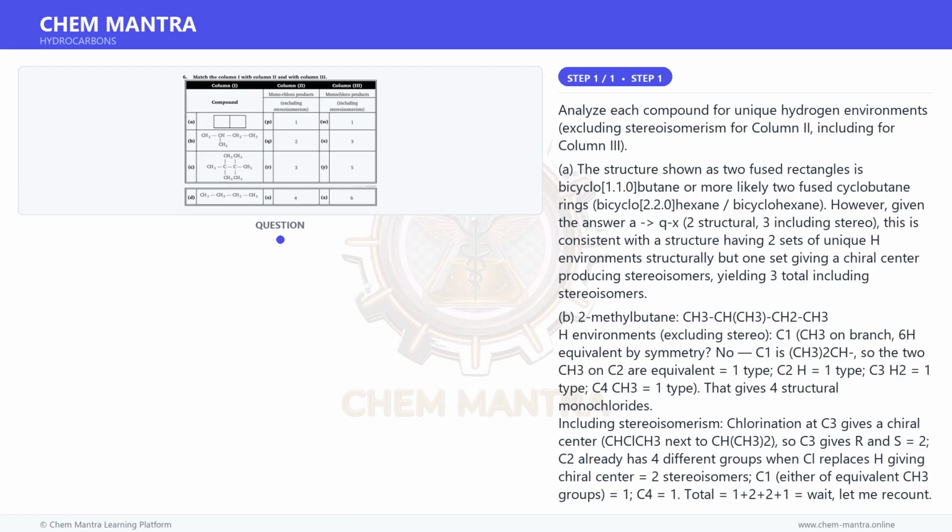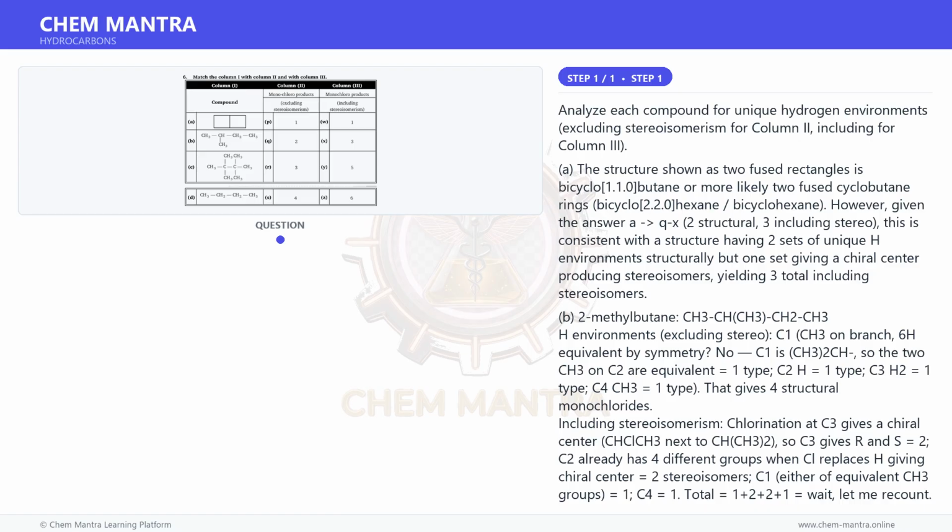Positions: C1, the 2 equivalent methyls on C2, 1 product. C2H, 1 product, chiral, gives 2 stereoisomers, R plus S. C3H2, 1 structural product, chiral center created, gives R plus S, equal to 2. C4 CH3, 1 product. Structural is 4. Stereoisomers: C1 is 1, C2 is 2, C3 is 2, C4 is 1, equal to 6 total, Z.